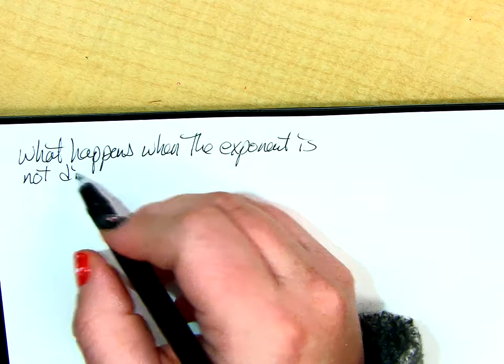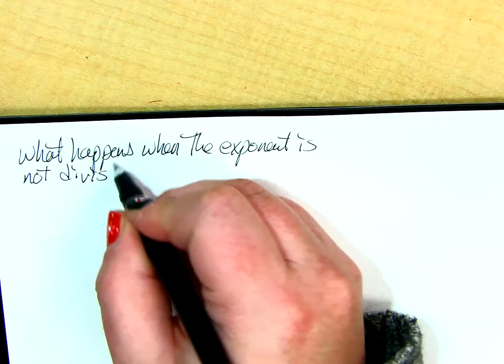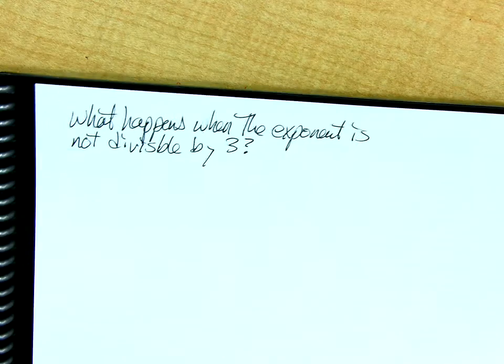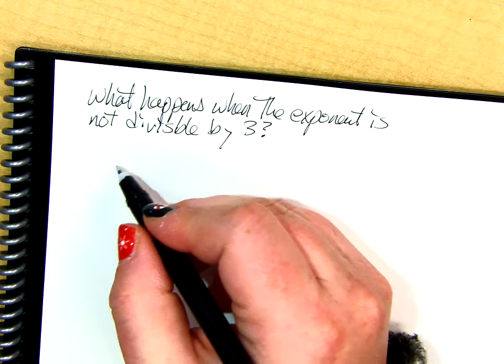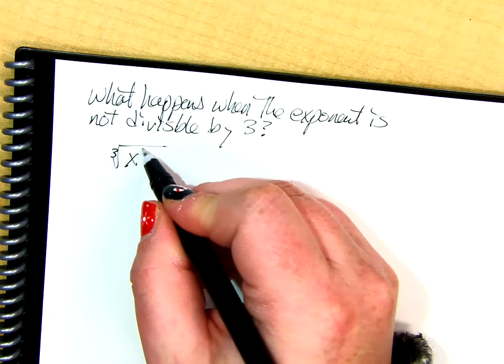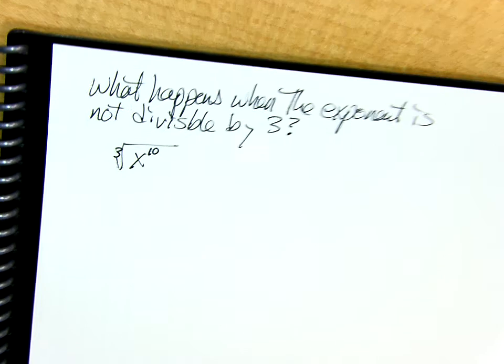We're going to just stick to cube roots for a few minutes. So I'm going to try and take the cube root of x to the 10th, let's say. I can't do 10 divided by 3. I mean, I can, but I'm going to get decimals.